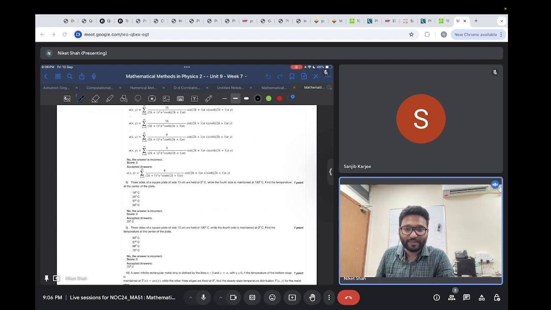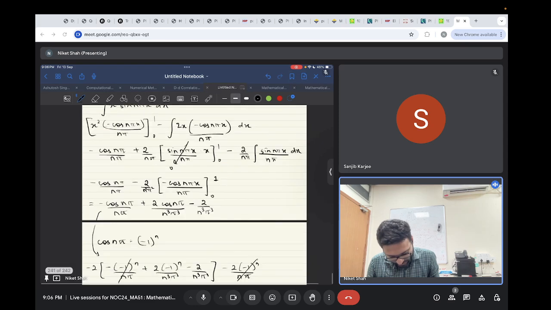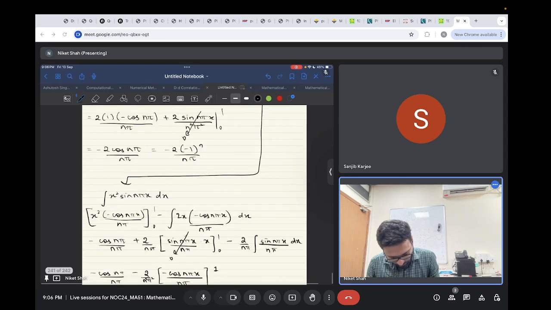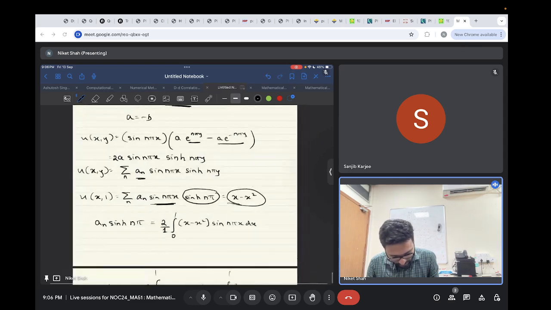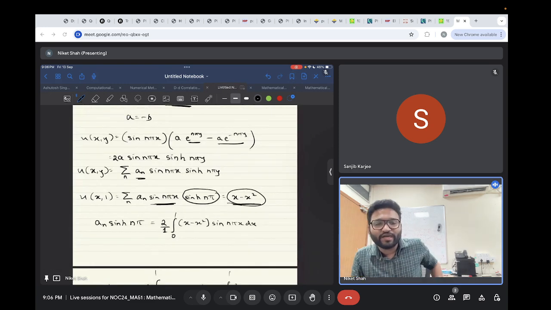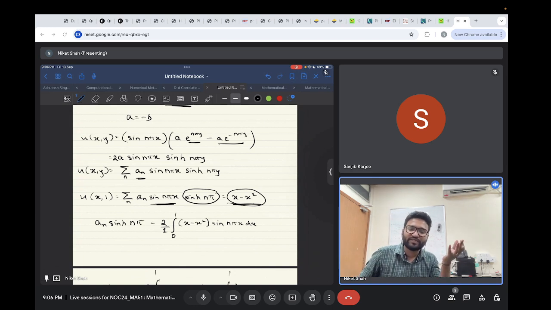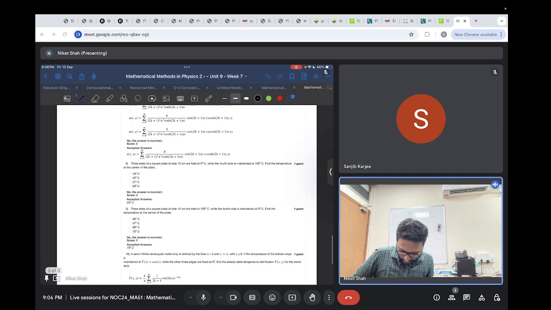Instead of x square minus x that we had here, we have x minus x square, or some constant number. We'll write a Fourier sine series and the right hand side will be some constant number, and that's how we'll find the coefficients. Only the coefficient finding procedure is going to change. Everything else is the same.